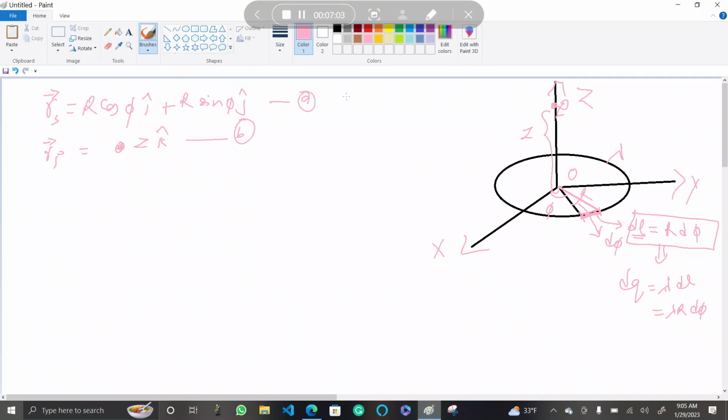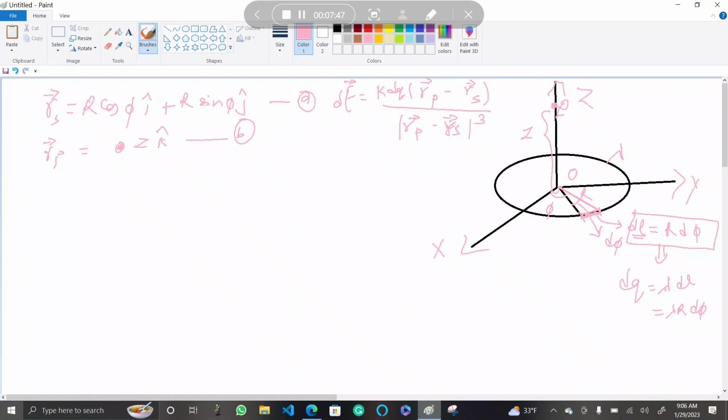The electric field of a small element of a charge distribution is dE = k dq (r_p minus r_s) divided by |r_p minus r_s| cubed. The vector in the numerator gives the direction, the direction of the electric field.